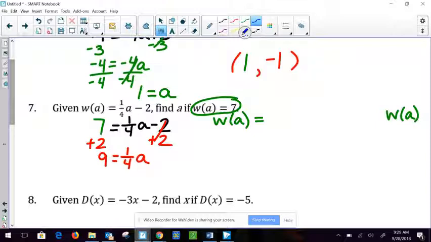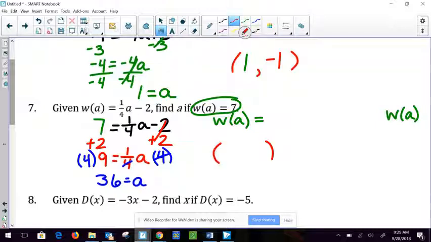So what is my denominator? A 4, good. Now watch your multiplication here. 4 times 9 is 36, and that is equal to my a. Thinking back to the point again, I was given my output, I was given 7, and what I had to go back and figure out is what value for a will give me that output, so 36.